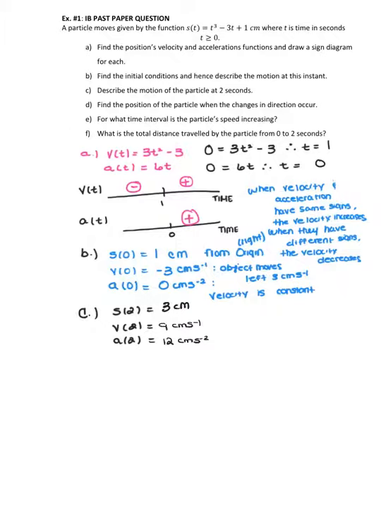All right, so let's actually think about what's happening to our object overall. But first, let's answer question D. Find the position of the particle when the changes in direction occur. Okay. Where is it changing direction? First of all, what does direction have to do with? Position, velocity, or acceleration?